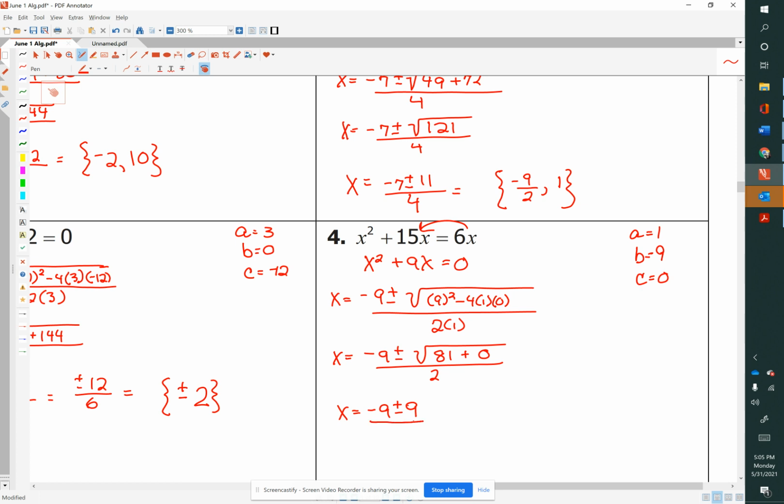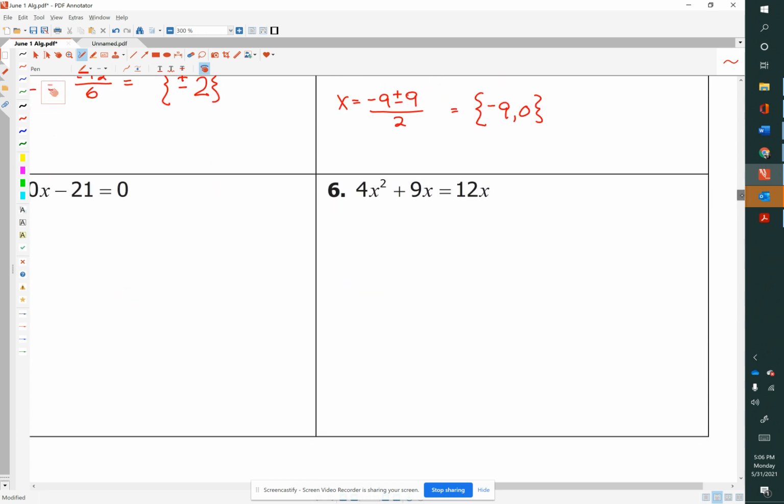And all of that divided by 2. So negative 9 plus 9 will be 0 divided by 2, which will be 0. Positive 9, negative 9 minus 9 will be negative 18 divided by 2, which will be negative 9. So our two values will be negative 9 and 0. And you're going to get some good integer work here as you work these problems.